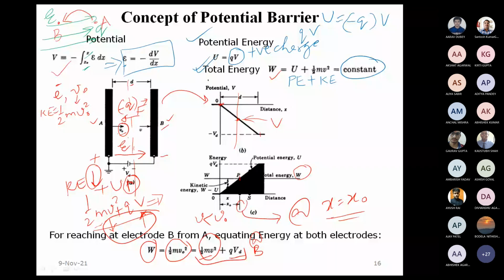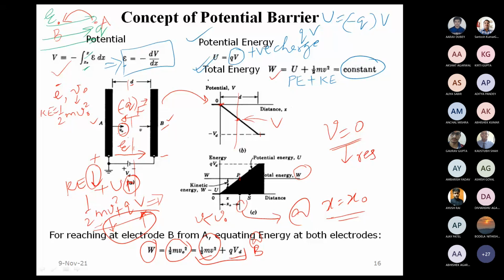As we proceed further, at some point the potential energy is too large and the kinetic energy will become 0. So if the velocity of the electron becomes 0 at some point beyond this point, it means the electron or charged particle becomes at rest.